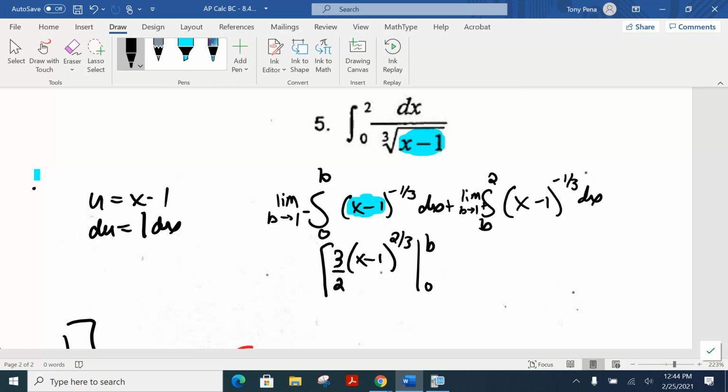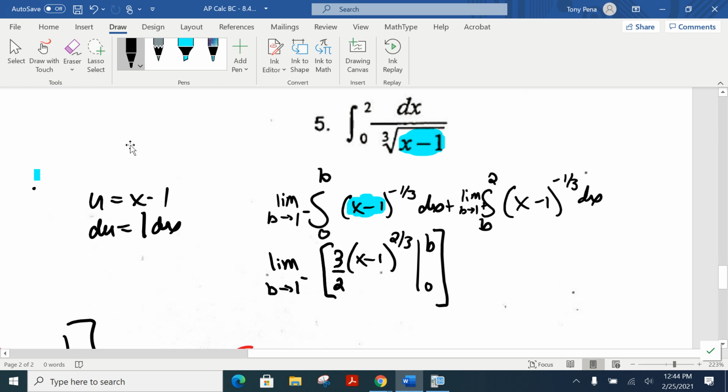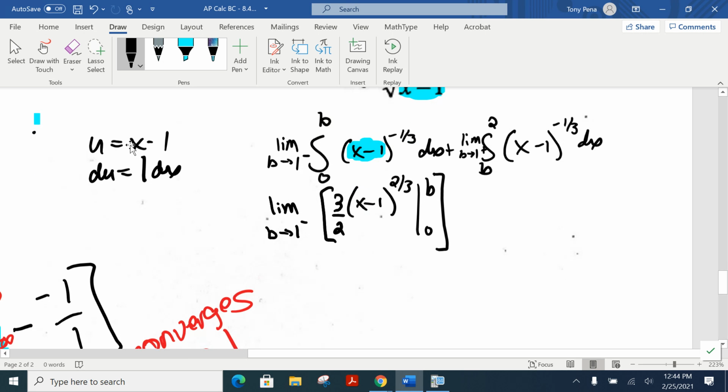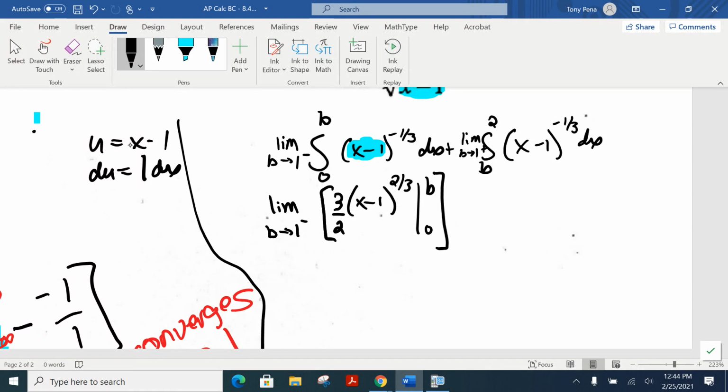Whatever that gives us, we want to calculate our limit as b approaches 1 from the left. Substitute those in, upper minus lower.